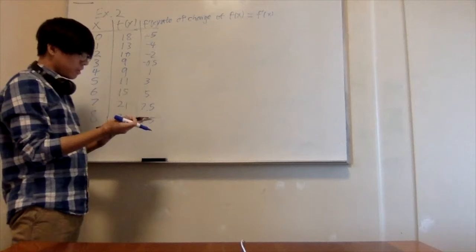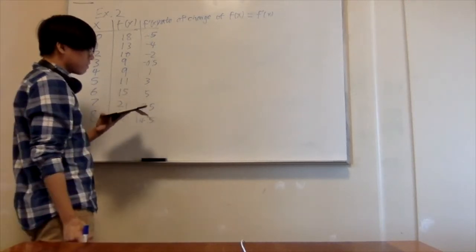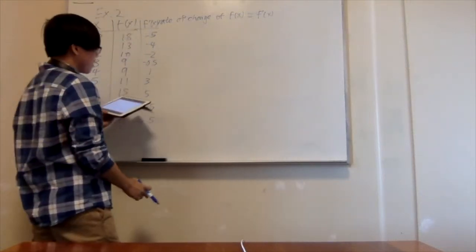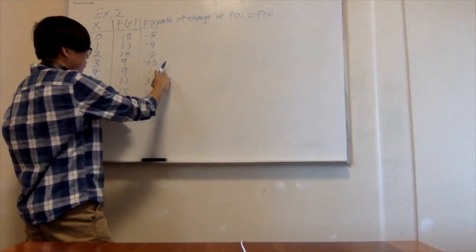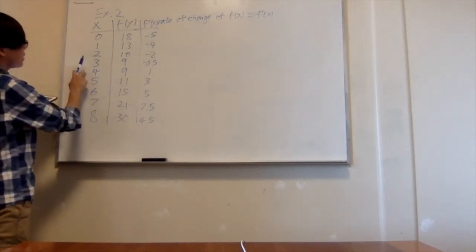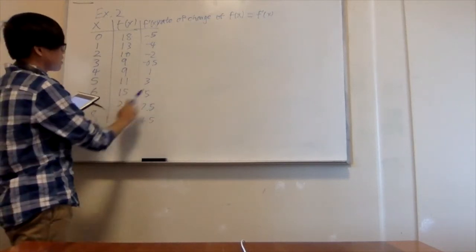So for part A, where is the rate of change of f of x positive? And again, the rate of change of f of x is f prime of x. So what we're going to do is to find where the value of f prime of x is positive. And we can see that from x equals 4 to x equals 8, the value of f prime of x is positive.